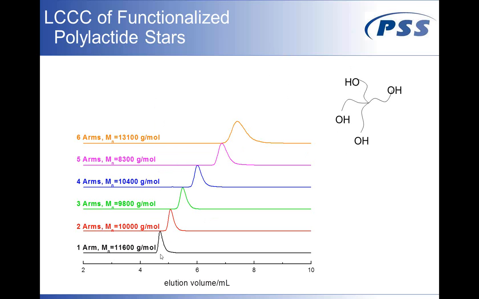But if you have established critical conditions for the linear chain, and then you add more and more OH groups, which give rise to additional retention, you can see that with each additional OH group, you will increase retention. And that is a very interesting result, because if you would like to use such molecules, for example, as cross-linker, then the one-armed star, or the linear polymer, is of no help, because that will not give rise to cross-linking.